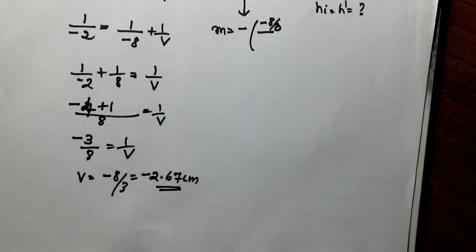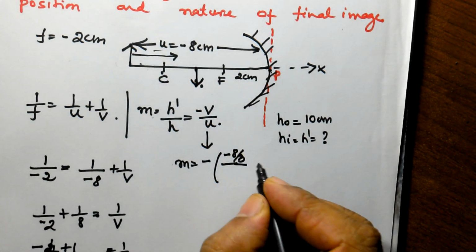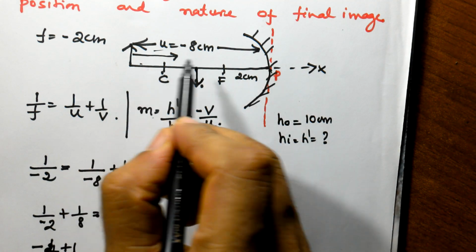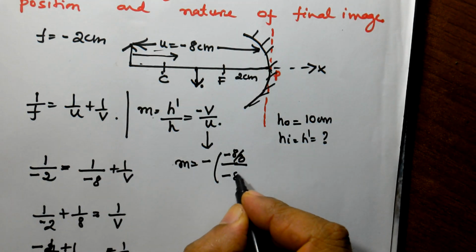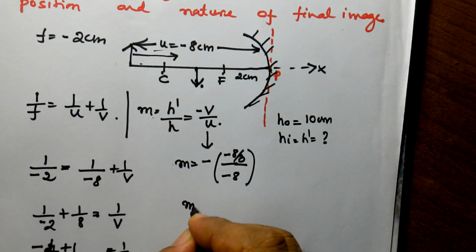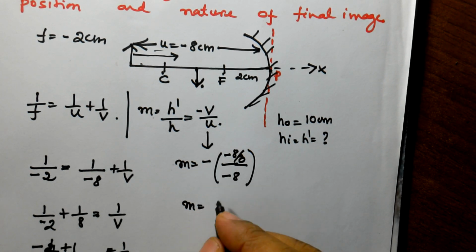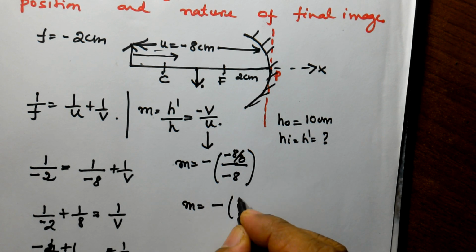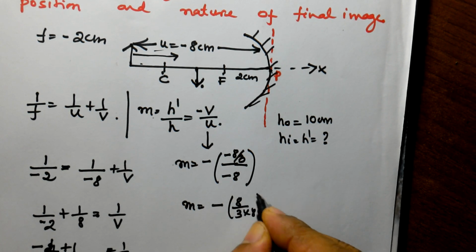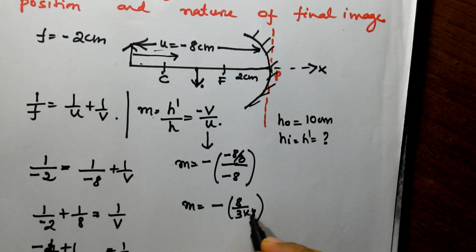Here is the proof. Minus 8 by 3 divided by U. U is again negative, it is minus 8. So what is this? Magnification is, this minus gets cancelled, but formula minus remains, minus 8 by 3 into 8. Am I right? This 8 comes here and this 8 gets cancelled. Magnification is minus 1 by 3.